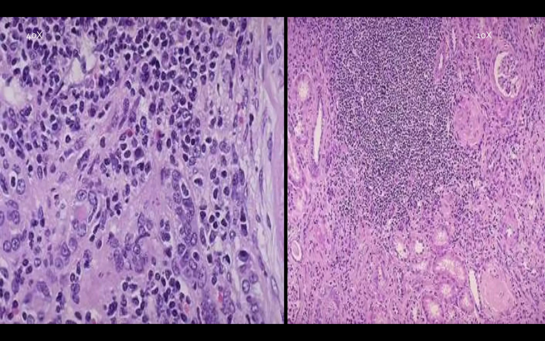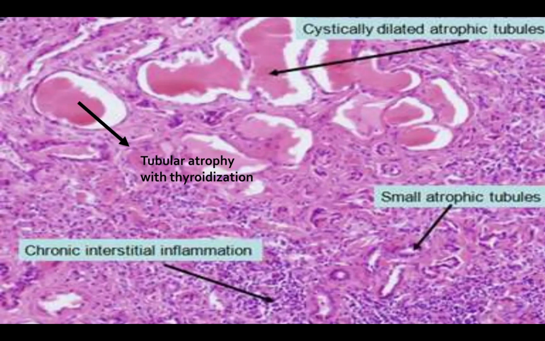Now we can see the microscopic features of chronic pyelonephritis in the diagram. These are the cystically dilated atrophic tubules, which are dilated and look like cysts. And tubular atrophy with thyroidization will also be there, in which these tubules contain a glassy appearance that is PAS positive and pink to blue.